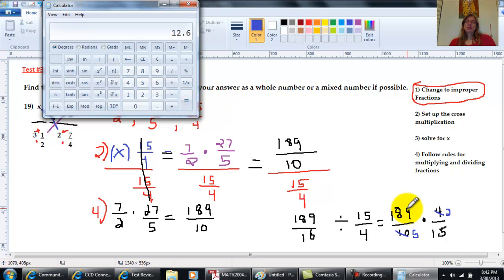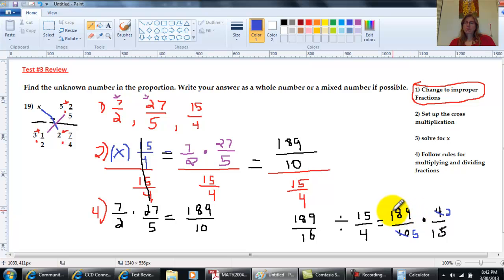So 9 and 9 is 18. Let's do 3. 189 divided by 3 equals 63, but we have to divide the 15 by 3, which then is 5. Okay, we can't do anything more to this.